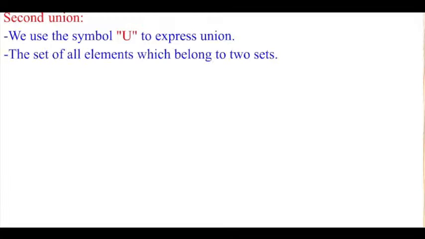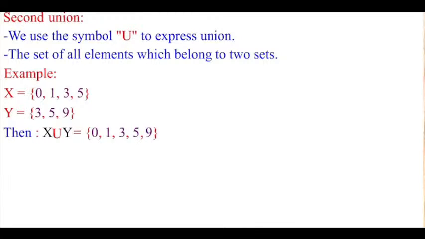Second, union. We use the symbol union to express union. The set of all numbers which belong to either of the two sets. Example: X equals the set of 0, 1, 3, and 5. Y equals the set of 3, 5, and 9.